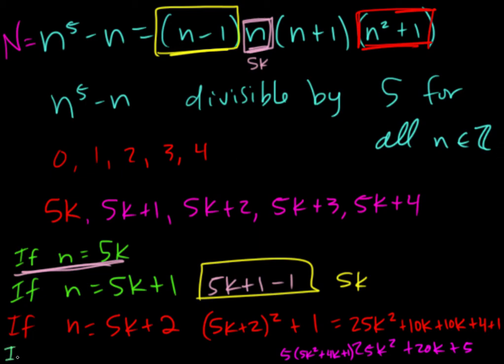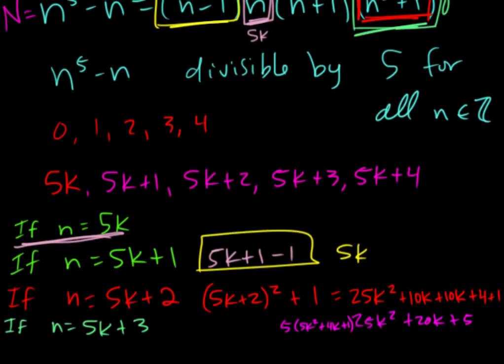Now, if n is equal to 5k plus 3, we can actually use that same factor. So let's try that. 5k plus 3 quantity squared plus 1. It's going to be 25k squared plus 15k plus 15k plus 9 plus 1.